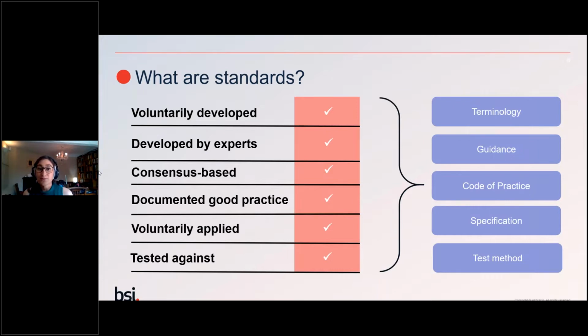They document best practice, are designed to be voluntary, so conformance is not mandated, and are a repeatable way of doing something. Once standards are published, they are then sold in the UK on the BSI shop.